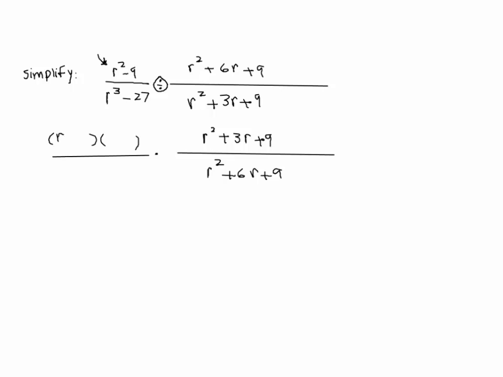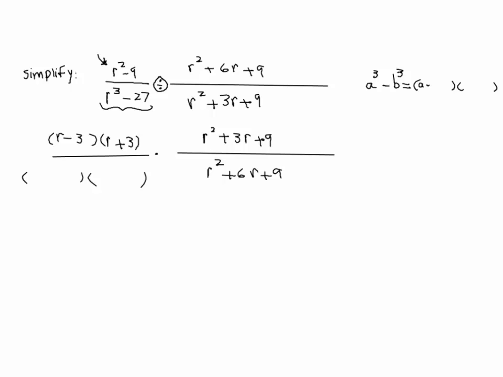I'm going to factor the first fraction. r² − 9 would be (r − 3)(r + 3), difference of squares. And here I have r³ − 27. This is the difference of cubes.